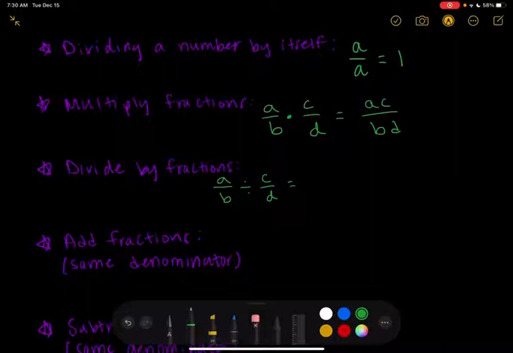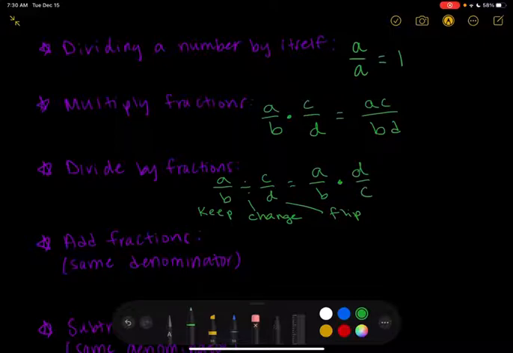That means we keep the first part, so we'd have A over B. We change the sign, so we change it to multiply. And then finally we flip the last guy, so D over C. Then we just multiply straight across the top, A times D, over straight across the bottom, B times C.